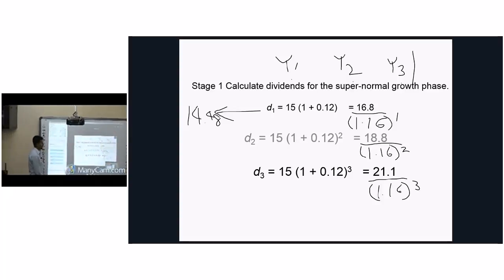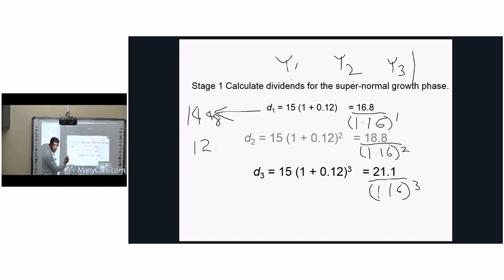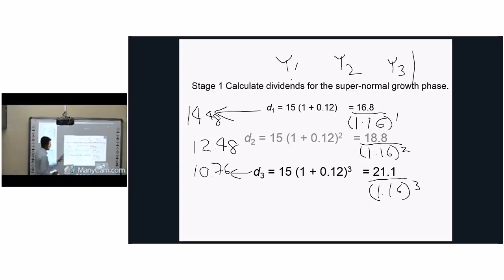And for year 2, how much? 12.48. For year 3, please. 10.76. Okay, so basically this is the total of the first 3 years of dividends, right?